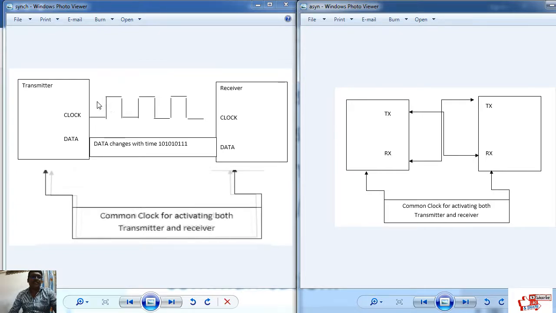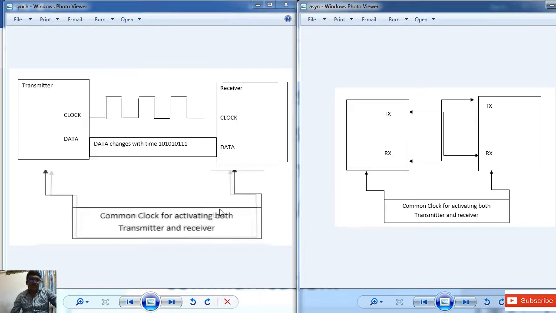In asynchronous, there is no need of a clock for transferring data. Whereas in synchronous, if the clock cycle changes, the data is shifted by 1 bit in the shift register.